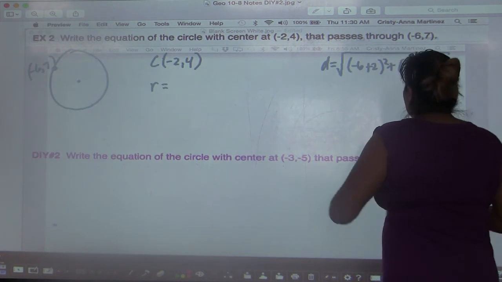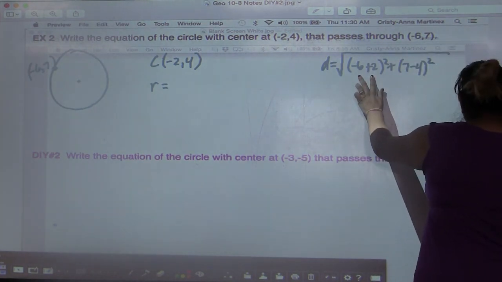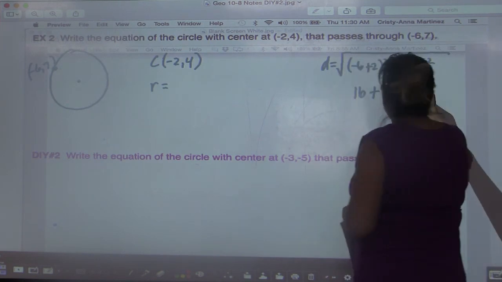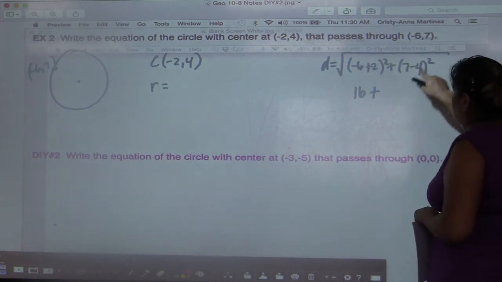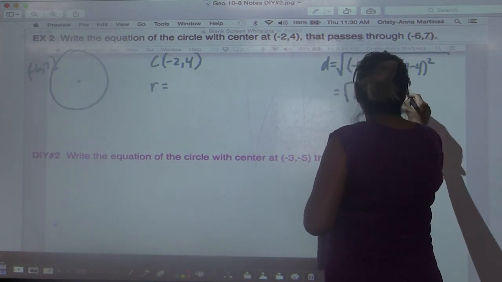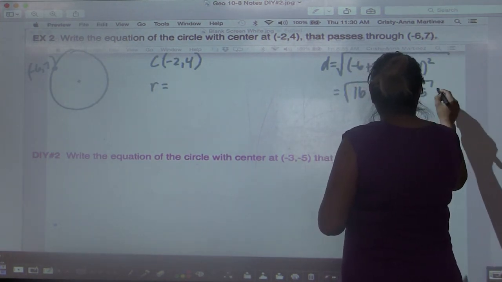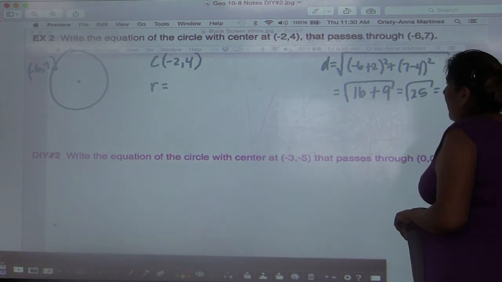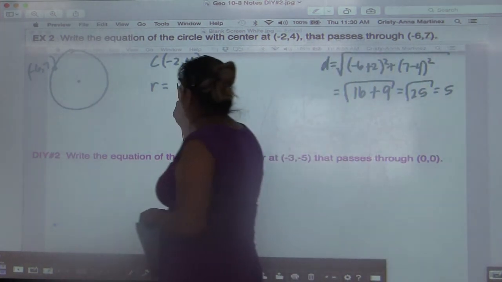So negative 6 plus 2 here is going to be negative 4. And when you square negative 4, you get positive 16. 7 minus 4 is 3, and then 3 squared is 9. So you end up with the square root of 25, and the square root of 25 is just 5. So now I know that my radius equals 5.